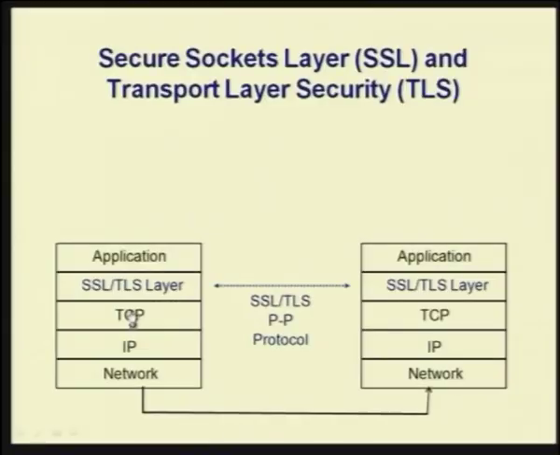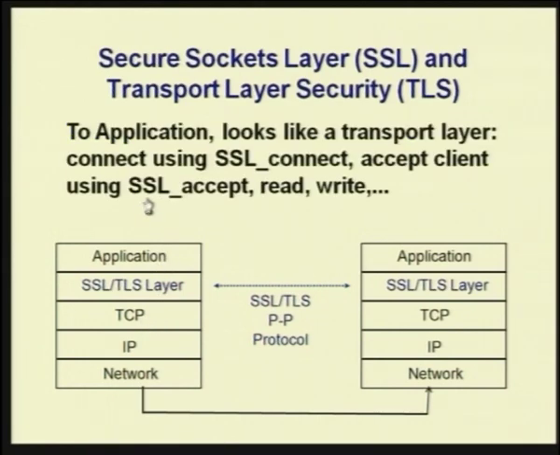Okay. So, if we look at how this is typically done, you have the normal network as such, IP, TCP on top of that. You would typically have application layer sitting on top of TCP. Now, with security brought in, you have this SSL or TLS layer coming in between your TCP and the application layer. Okay. So, to the application it looks like a transport layer.